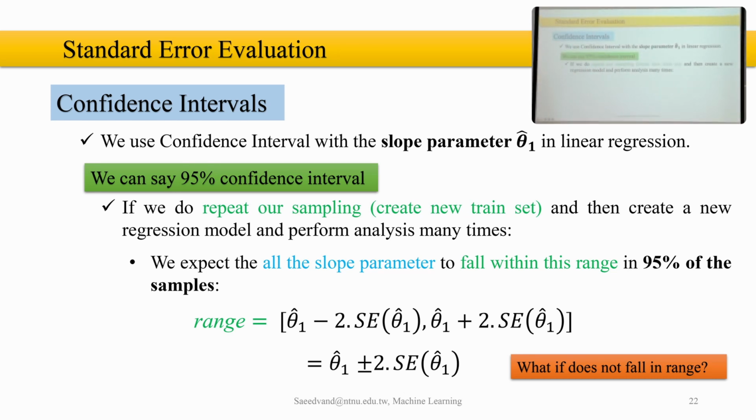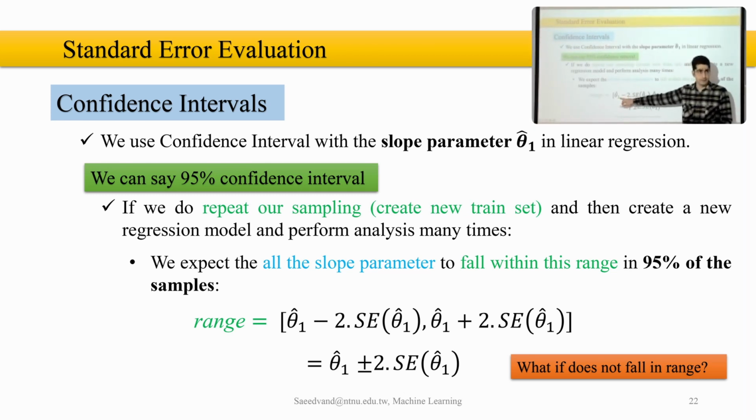So statisticians and machine learning experts have already developed metrics with which you can evaluate how confident you are about your model. We expect all the slope parameters to fall within this range for 95% of the samples. How can we write it? We should write this range over here.